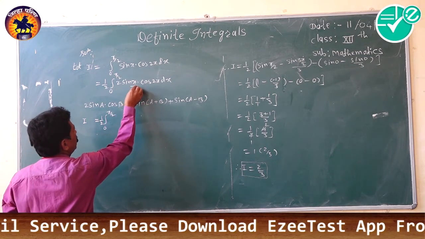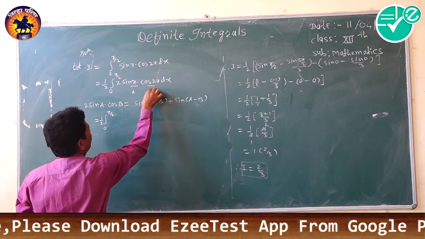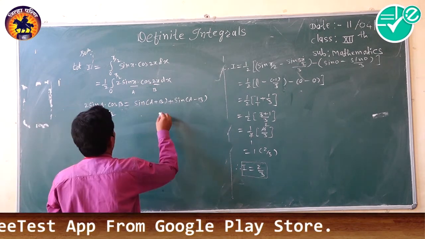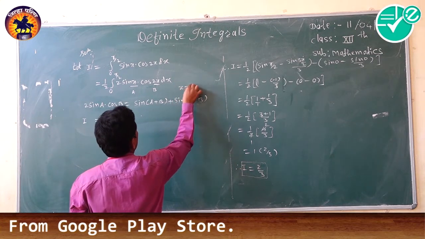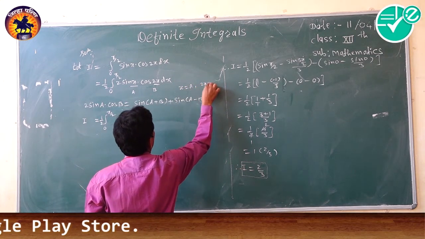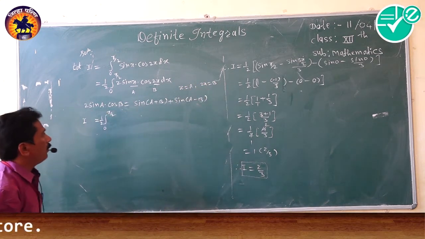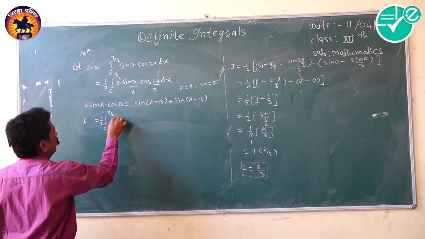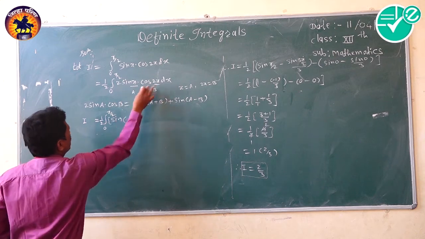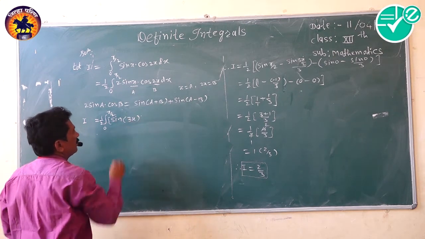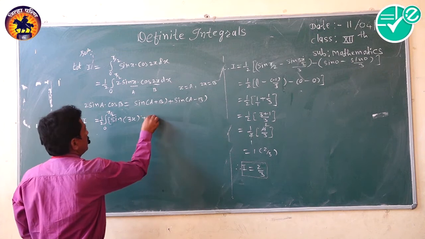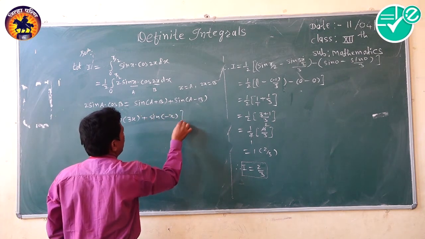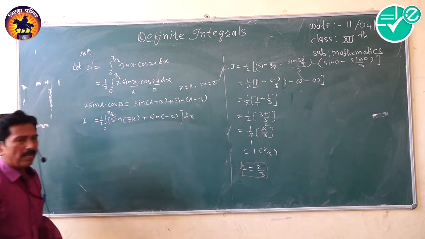Here this is a and this is b, 2x. That is, put x is equals to a and 2x is equals to b. Sin of a plus b, that is sin of x plus 2x, it is 3x, plus sin of x minus 2x, it is minus x into dx.